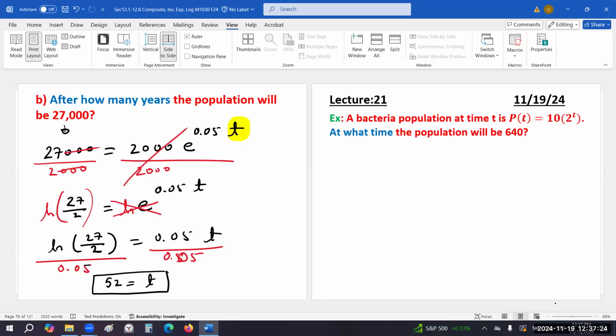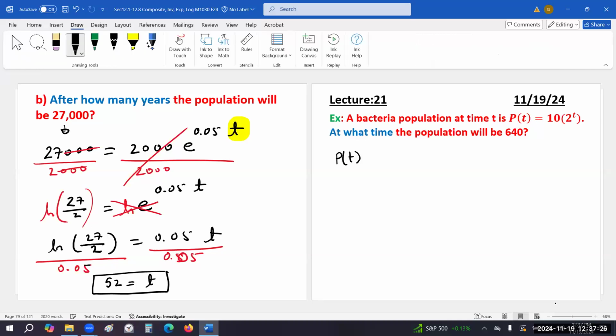So they're telling us the population has the formula 10 times 2 to the t. We want to know the time, and they gave us 640. What is this 640? Which variable do we need to substitute with 640? The P of t, the final amount.